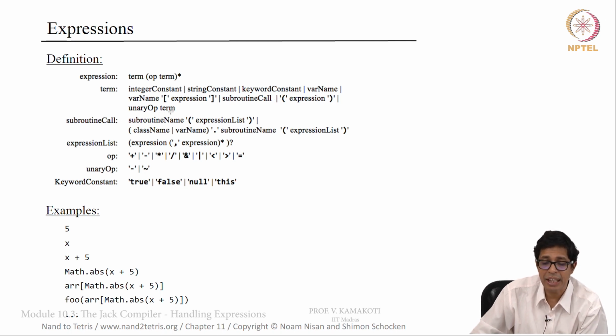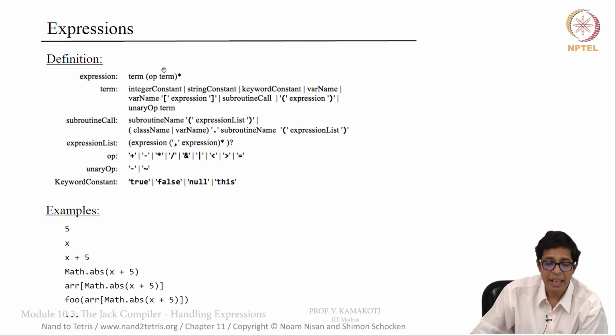That subroutine call has a class name which is Math, followed by a subroutine name, .abs, and again there is an expression list. That expression list has one expression, and that expression has a term which is x, an identifier, a var name.